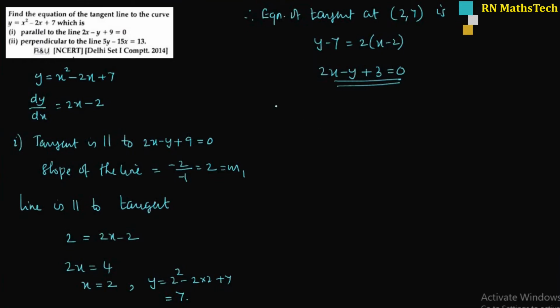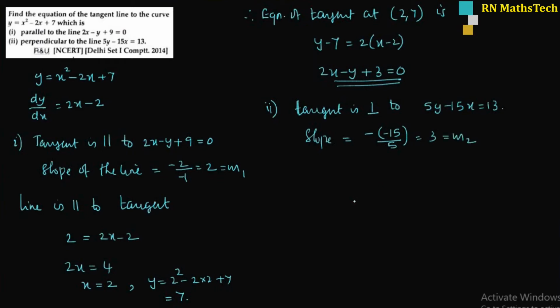Okay, now second part is tangent is perpendicular to 5y minus 15x equal to 13. Okay, slope of the line, slope is equal to minus coefficient of x by coefficient of y, that is equal to 3. Let it be m2.